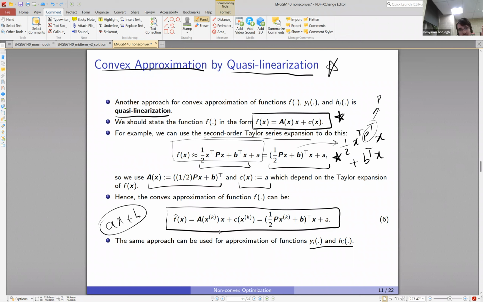But it's not an actual linear function because A itself has x in it. So it is an actual quadratic function. But as we are showing it in a linear format, we can call it quasi-linear, right? That's why it's called quasi-linearization. Okay.